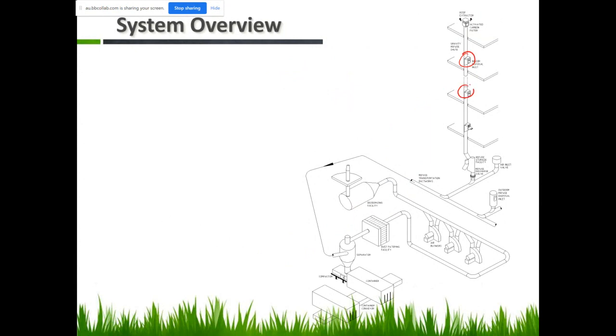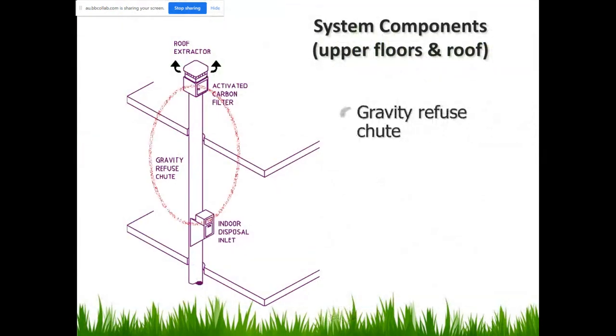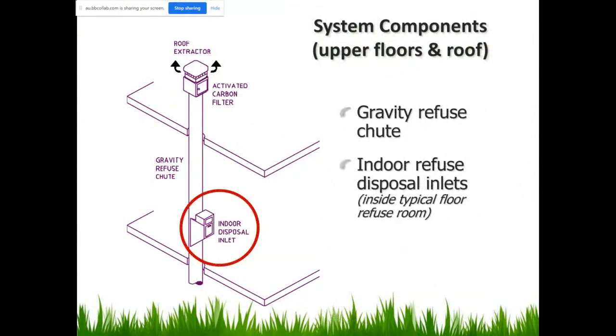So this is the system. This is the inlet, the chute moving downward, and at the top we have a fan. That means it maintains or discharges the odor to the environment.